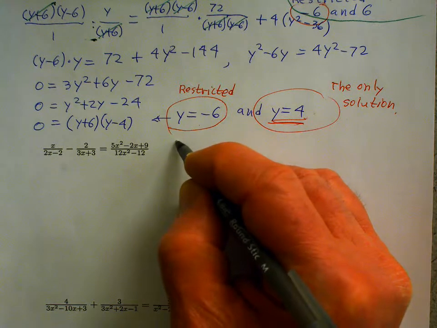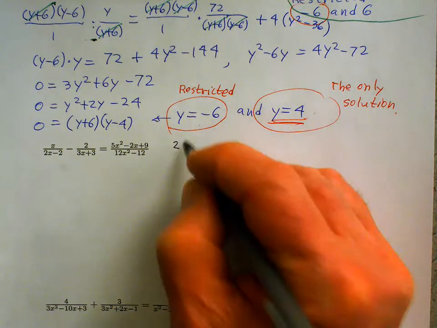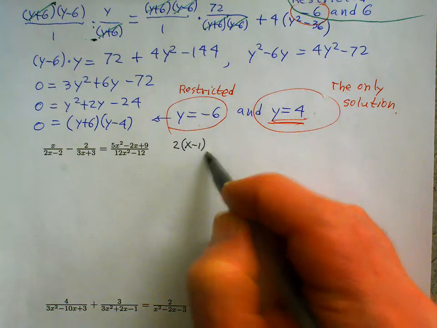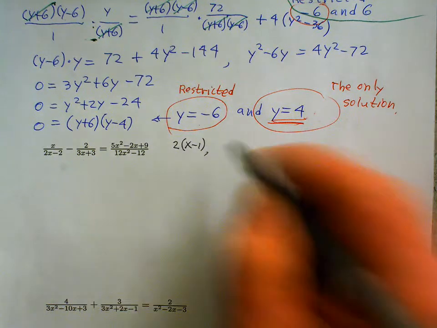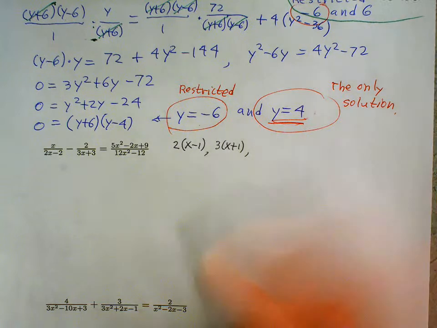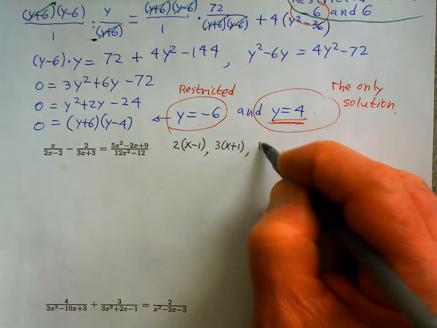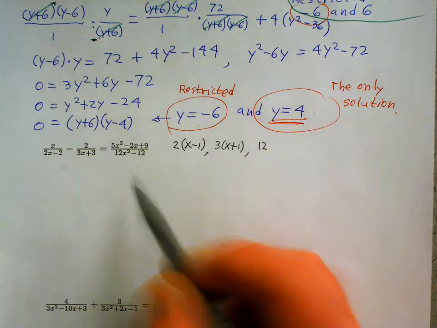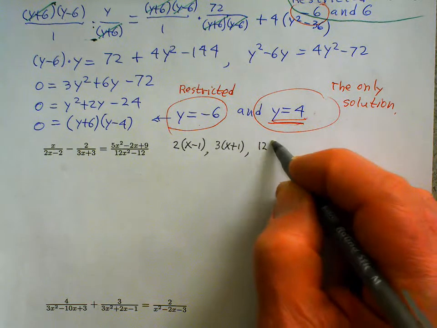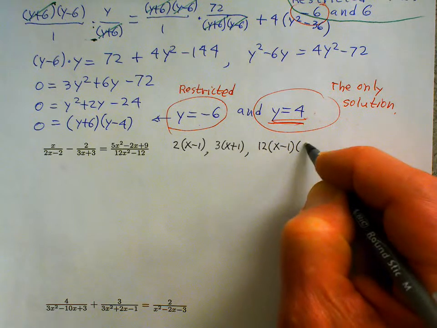So let's look at the denominators in factored form. 2x minus 2 is 2 times x minus 1. The second denominator is 3 times x plus 1. The third denominator is 12 times x squared minus 1. x squared minus 1 is x minus 1 times x plus 1.